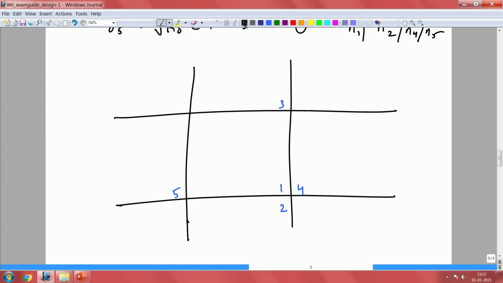For the central region, we will have an oscillating solution for both x and y. So, that solution will look something like kx x plus phi x. Similarly, for y, ky y plus phi y. And let us look at 3, which is something that we just saw.